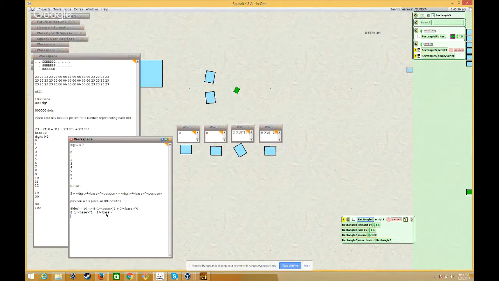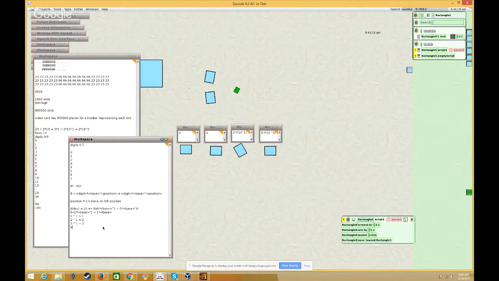So 1 to the 1 equals 1, 2 to the 1 equals 2, 3 to the 1 equals 3. And it keeps going forever. So anything to the 1 is the same as that thing itself.